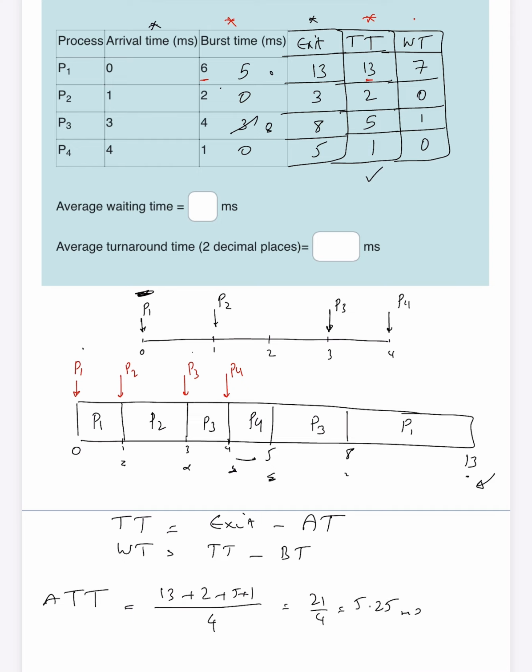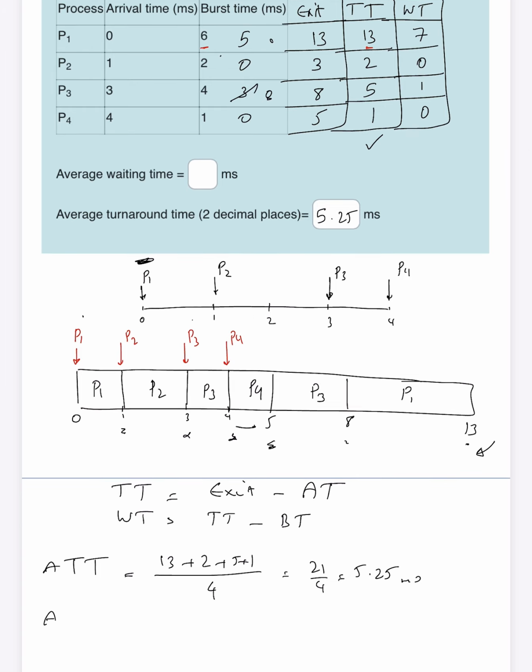So this is the average turnaround time. The other one is the average waiting time, which is 7 plus 0 plus 1 plus 0 divided by 4, which is 8 divided by 4, which is 2 milliseconds.